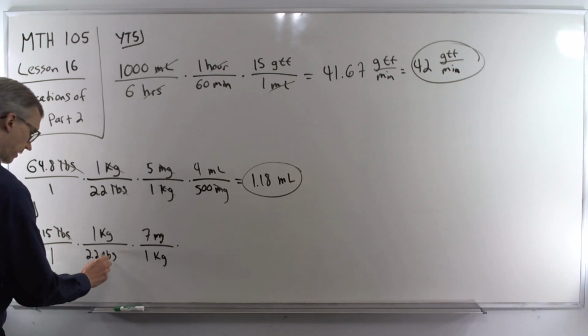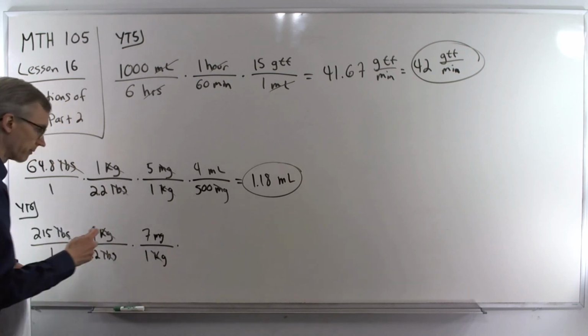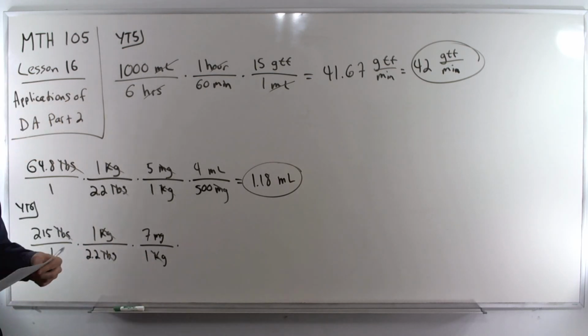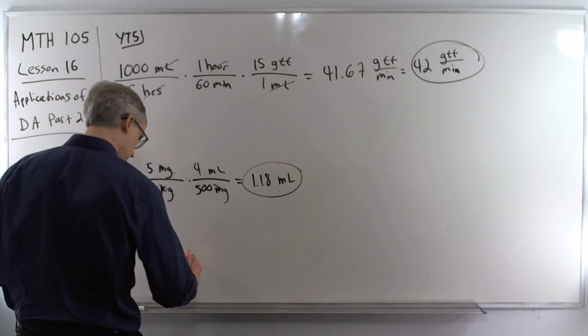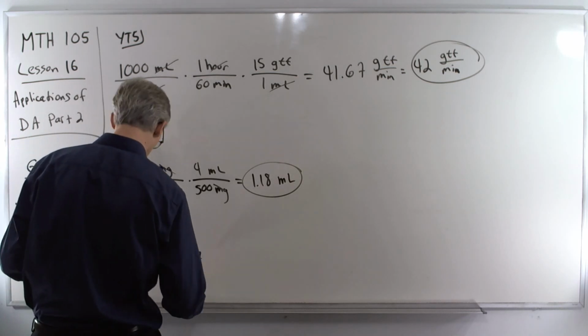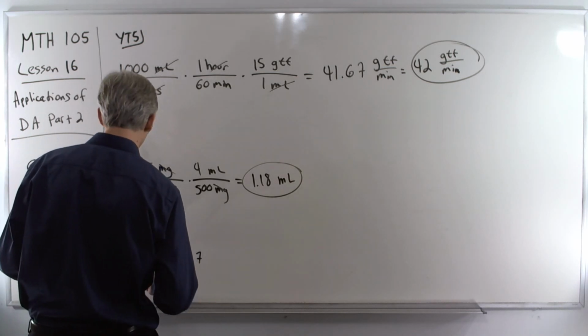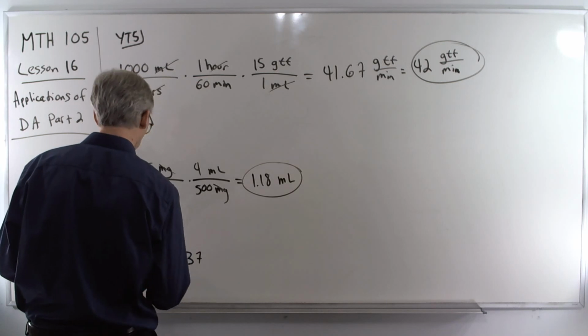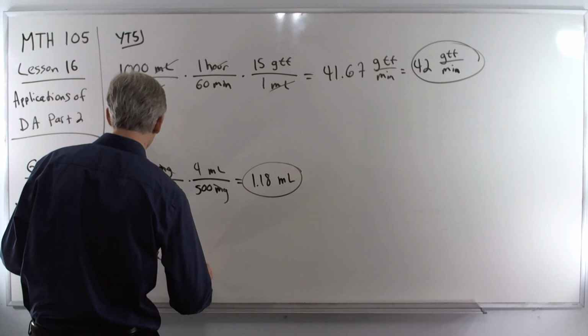So let's see what we got here. Pounds cancel, kilograms cancel. Now we're at milligrams. Now we can use the medication strength, which is 375 milligrams per 10 milliliters.